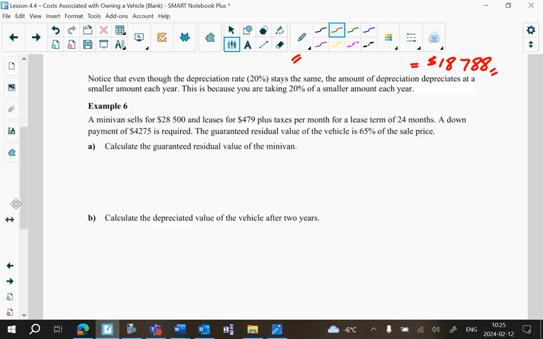So down payment of $42.75 is required. The guaranteed residual value of the vehicle is 65% of the sale price. So what we want to do is find the guaranteed residual value of the minivan. That's our first step.